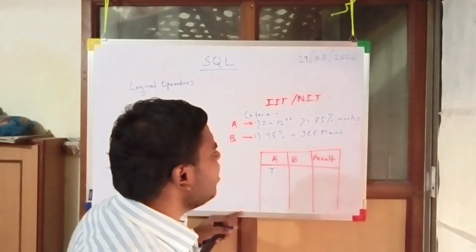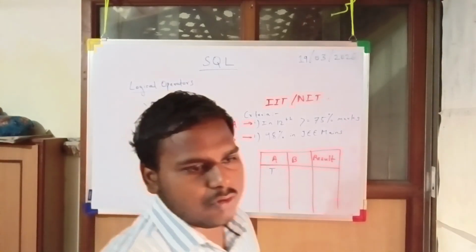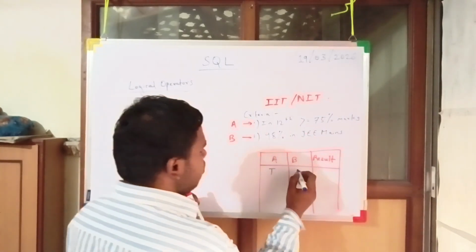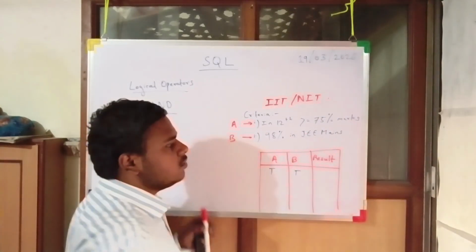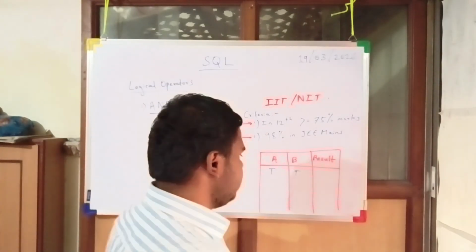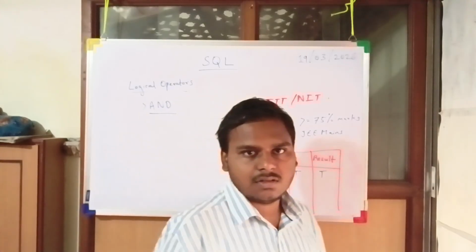You have also practiced the full year for JEE Mains and are very good in mathematics, so you have qualified the cutoff. That means you are eligible for admission in IITs or NITs. The condition is satisfied, and you will definitely get the admission.